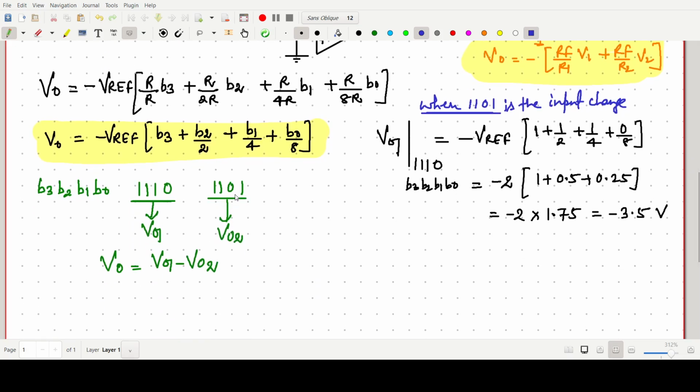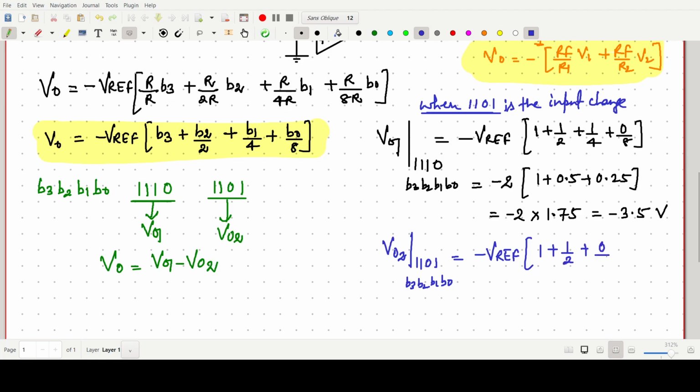Then again we have to do it for this one. So again for the second, V naught 2, we can write for 1101. Again this one is B3, B2, B1, B0. So B1 is 0 now. So we can write minus V ref as it is. Then B3 is 1, so no need to worry, 1 by 2.